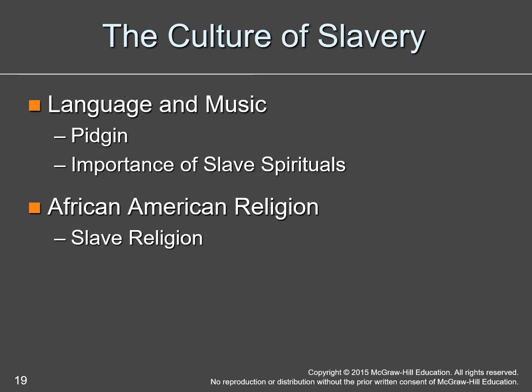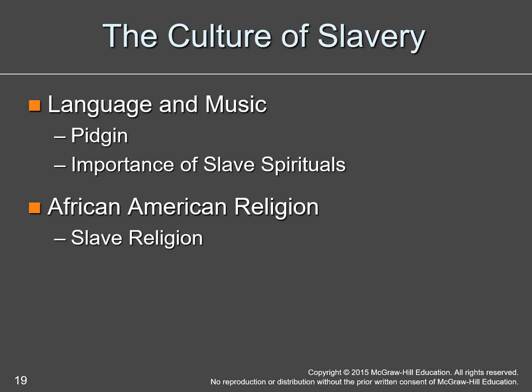Okay, so the culture of slavery that develops, they create their own form of pidgin English. It's a mix of African dialects and English. There's slave spirituals that help them pass the time, share political views, share music. In terms of African American religion or slave religion, there's no churches, although some of their owners try to convert them to Christianity. It's loud, expressive, it's inspirational.